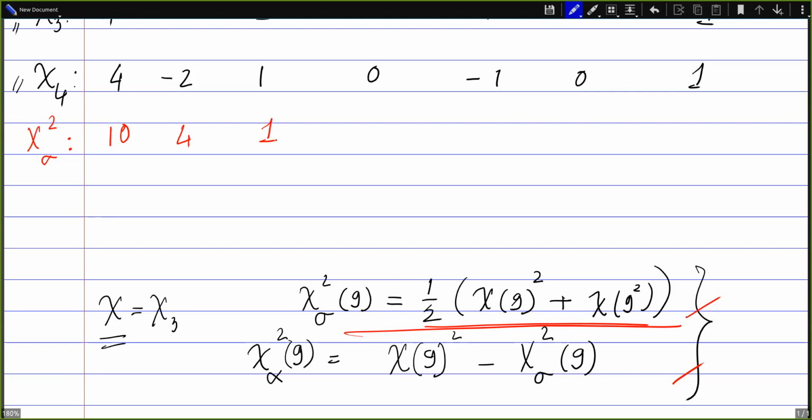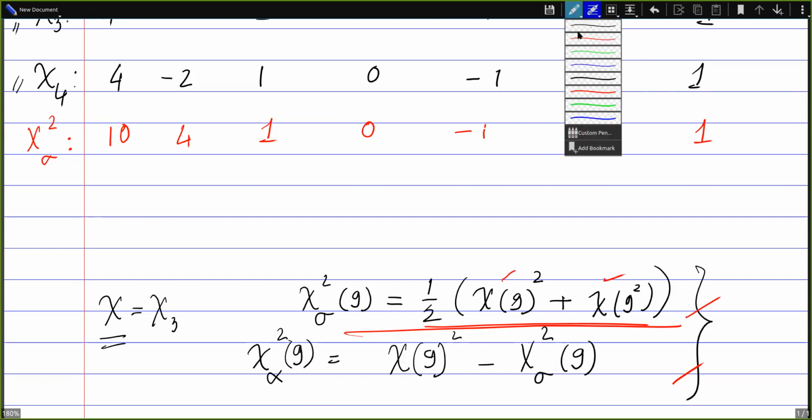You just have to substitute the values into the formula and compute that. Once you have done that, this is what you are going to get for the symmetric square: 0, 1, -1, 0 and 1.